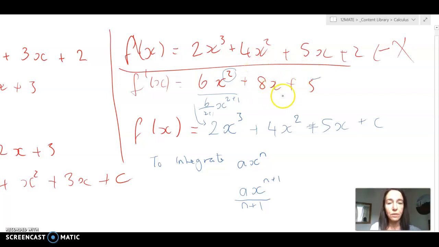For this one, I'm saying x to the 1 plus 1, because there's a 1 over there, which gives me the 2. And then it's 8 divided by 1 plus 1, which is this power over here, so 8 divided by 2, which is 4. Okay, so this is how to integrate. If I've got this, I integrate it to give me that. Hopefully that all makes sense.